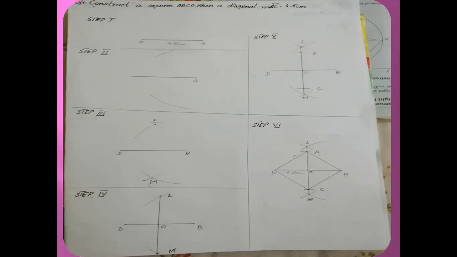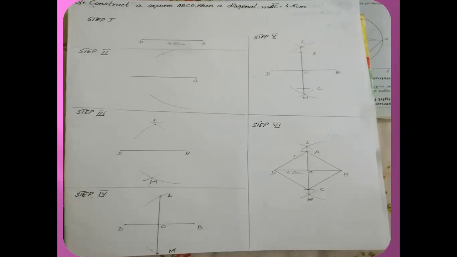With the same radius, put your compass on point D and draw 2 arcs again upward and downward. Both arcs meet each other; label them L and M. Join these 2 points. Now you see that we have 2 intersecting lines. Where the 2 lines intersect, give it the name O.